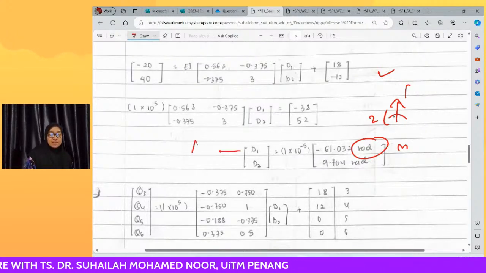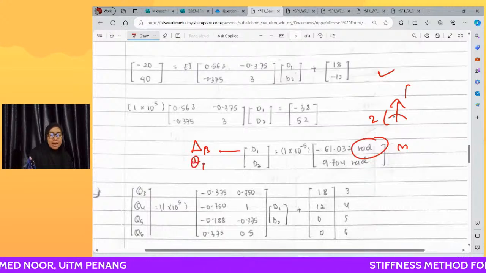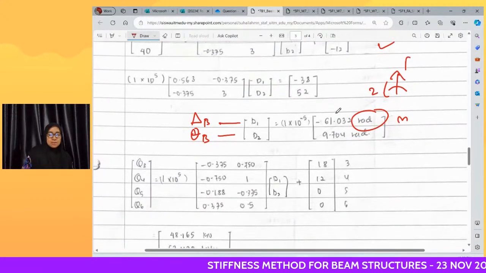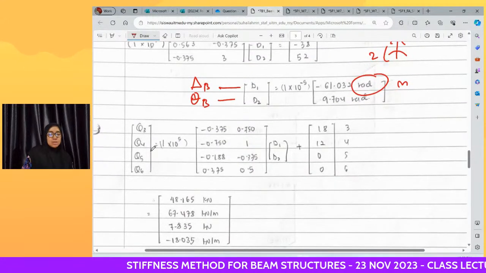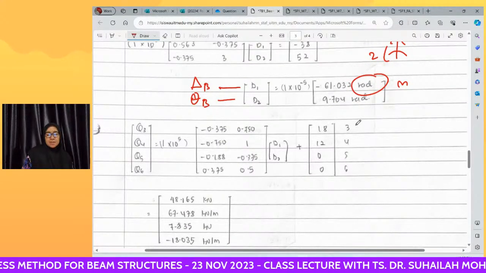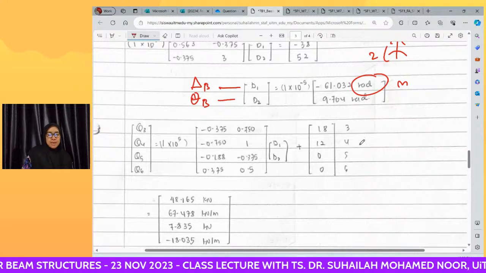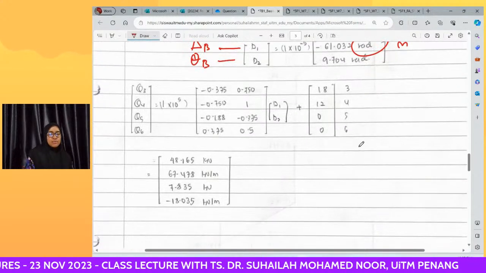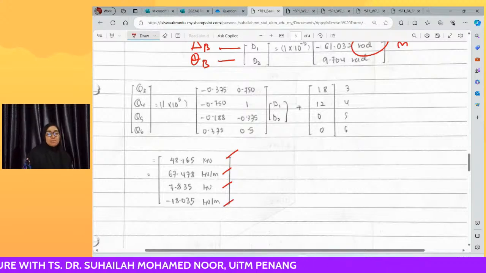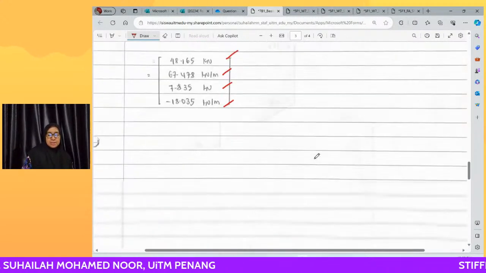D1 is vertical displacement at B. D2 is theta at B. So Q times D, plus 3, 4, 5, 6. So 48.67, 7.8, negative 18. Correct.